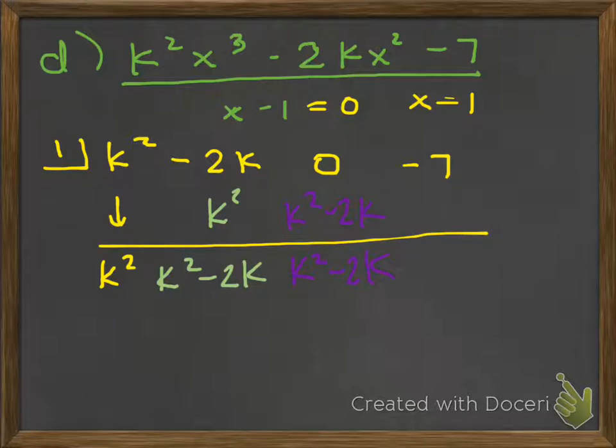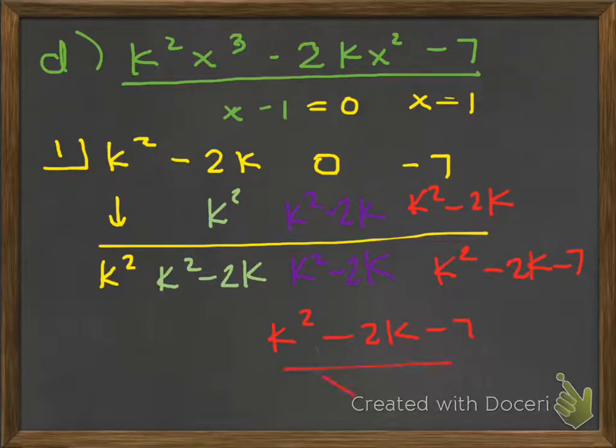Again, multiply and then add. So I have k squared minus 2k. When I add these together, I get k squared minus 2k minus 7. So my remainder is k squared minus 2k minus 7 over x minus 1. That would be an expression that represents our remainder. So this is just highlighting the remainder.